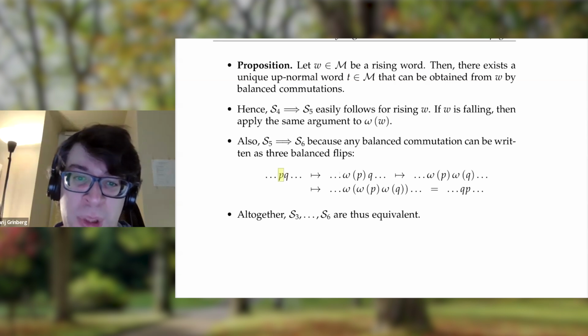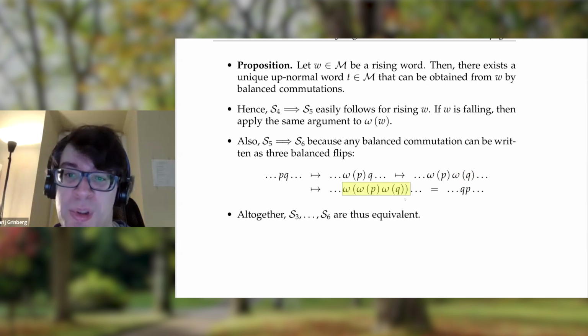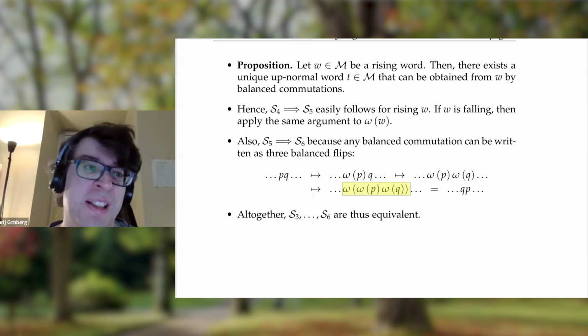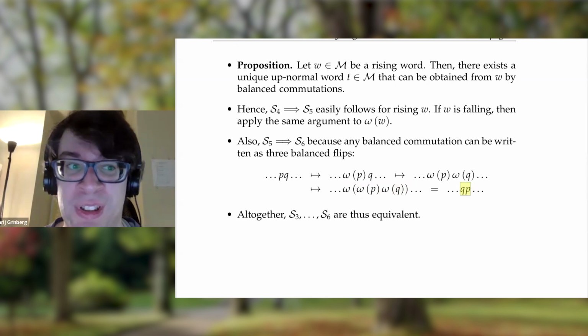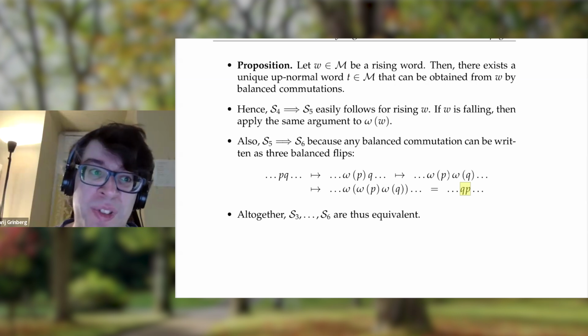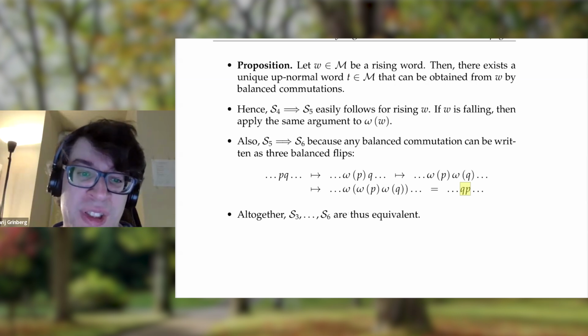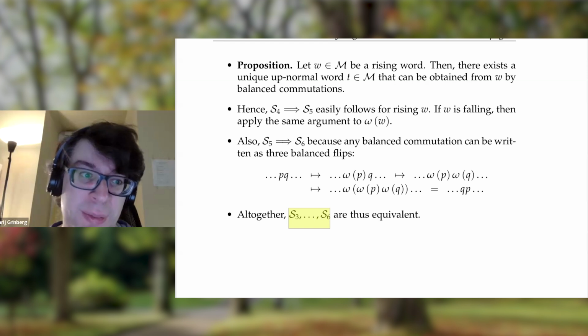Namely, let's first flip P, let's then flip Q, and then let's flip the product omega P, omega Q. And because omega is an anti-homomorphism, this ensures that Q and P end up in the opposite order. So all of this together yields the equivalence of the last 5 assertions: S3, S3 prime, S4, S5, S6.